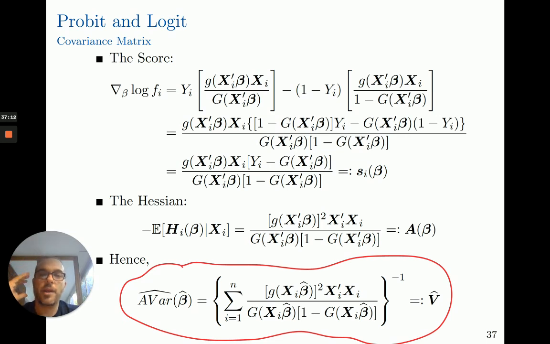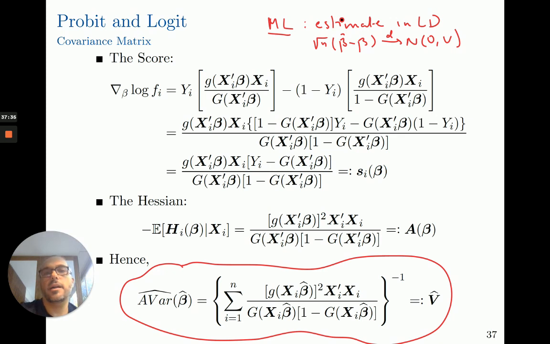What you have to keep in mind is that with maximum likelihood, we can estimate in low dimensions, and we have an asymptotic theory for the beta hat, with closed formulas.